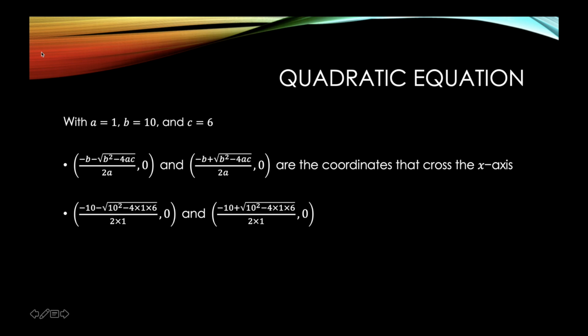So we have minus 10 minus the square root of 10 squared minus 4 times 1 times 6, all divided by 2 times 1, and minus 10 plus the square root of 10 squared minus 4 times 1 times 6 divided by 2 times 1. Let's fill in the numbers. You have minus 10 minus the square root of 100 minus 24, that's the square root of 76, all divided by 2, and minus 10 plus the square root of 76 divided by 2.